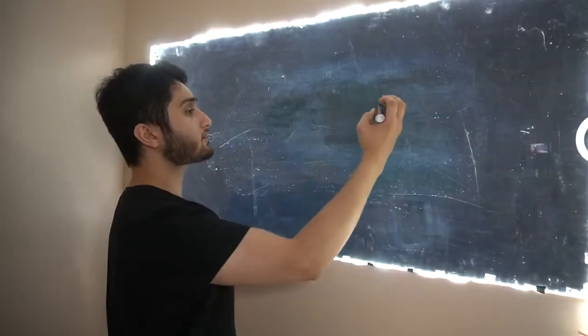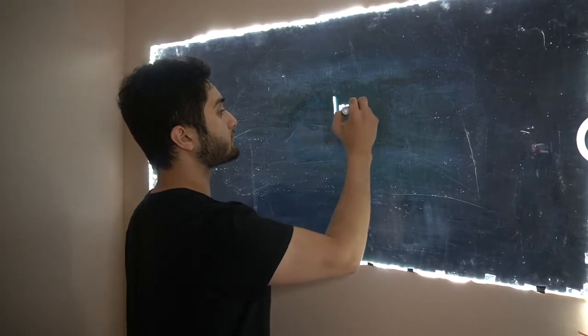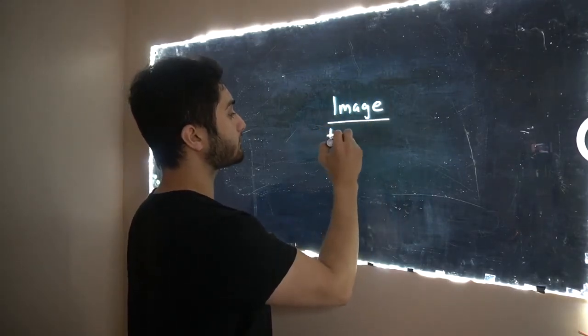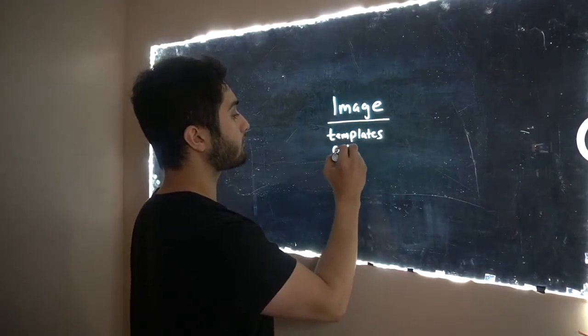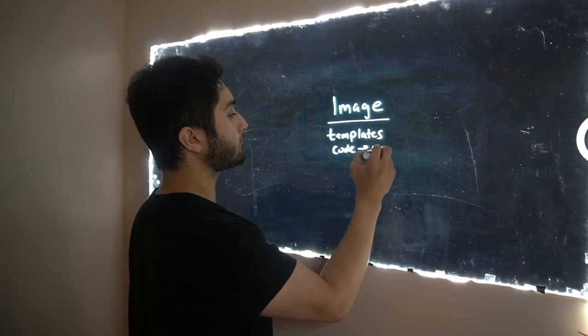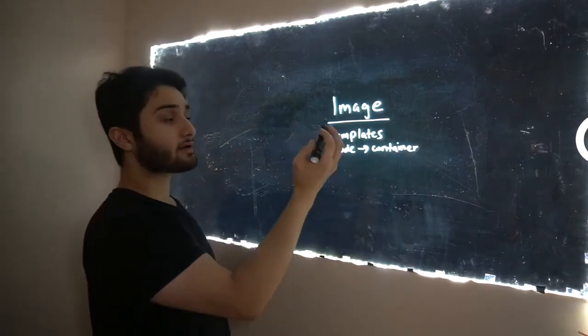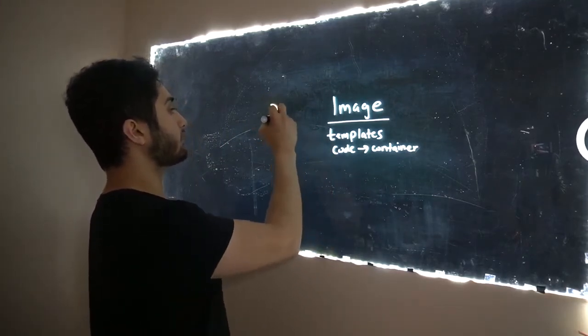In order to utilize Docker container technology, we need to use something called an image. And an image is a template that will define what code will run on the container. In order to define our own image, we need to use a special construct known as a Docker file.